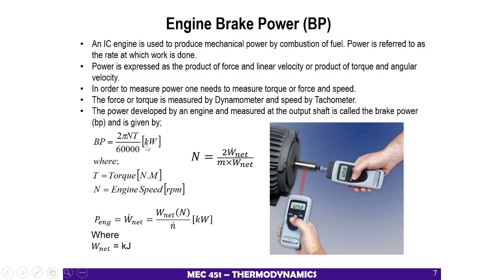This RPM is revolutions per minute, so one needs to convert the minutes into seconds. That's why we have 60,000.